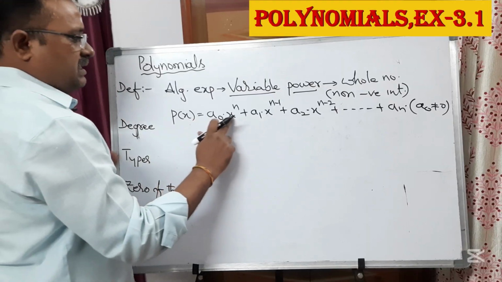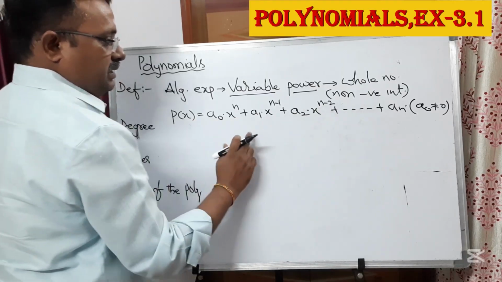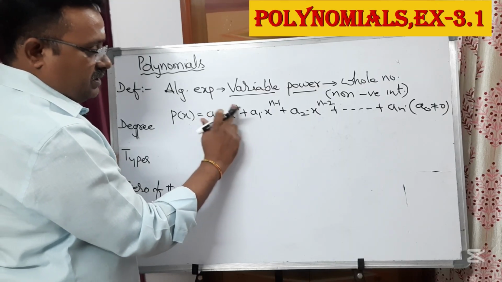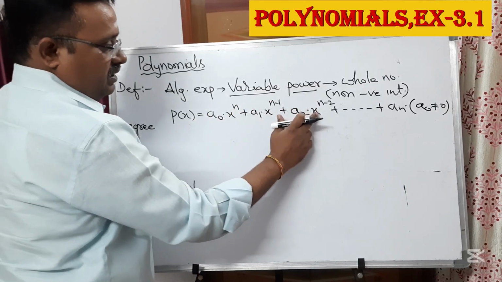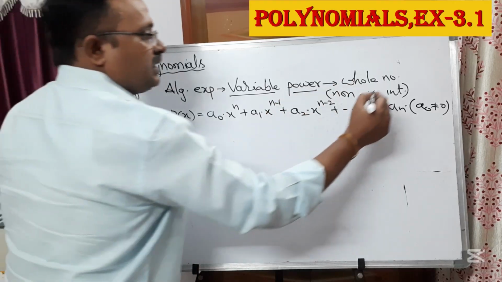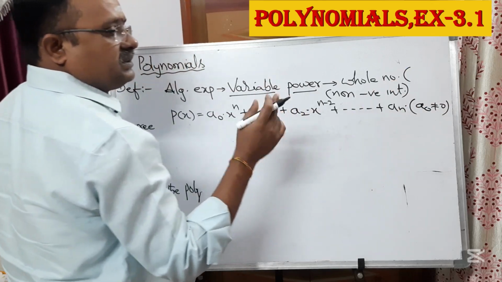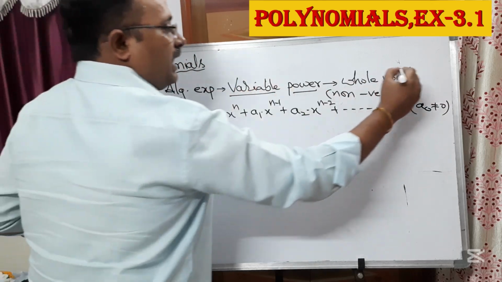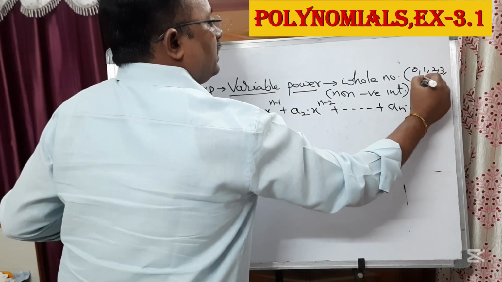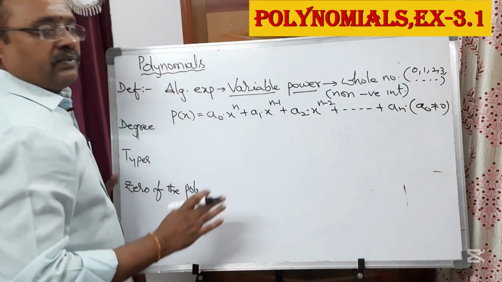In this kind of general expansion, in every term the variable power must be a whole number, meaning we need to consider the variable powers as 0, 1, 2, 3 and so on only.